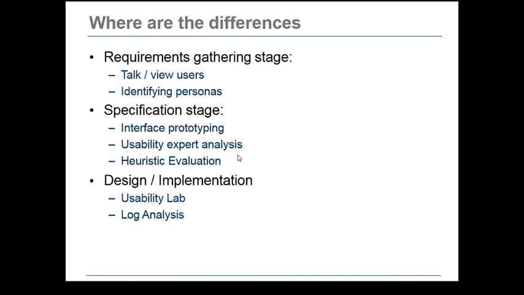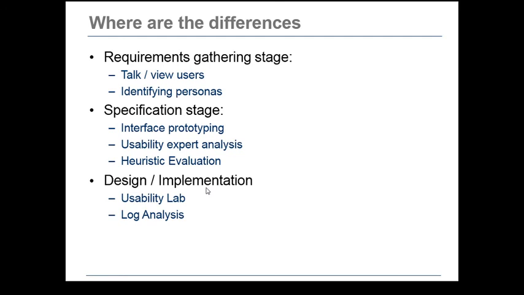Where are the differences? Requirement gathering stage. The first step of requirement gathering is to talk to, interview, and view the user. Then the second step is identifying personas. Then the specification stage has three different steps: first is interface prototyping, second is usability expert analysis, and third is heuristic evaluation.